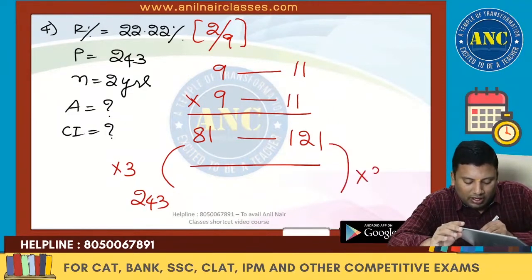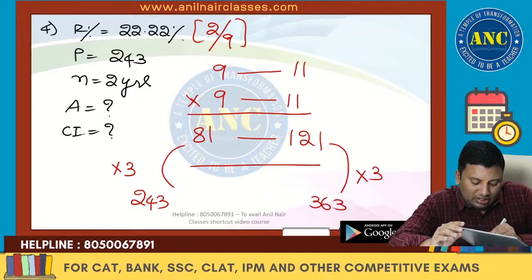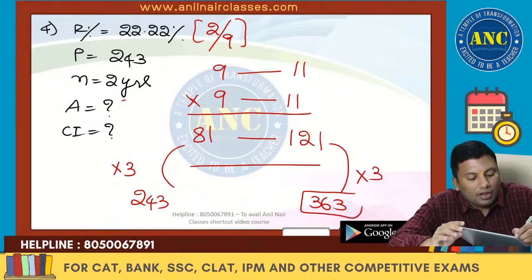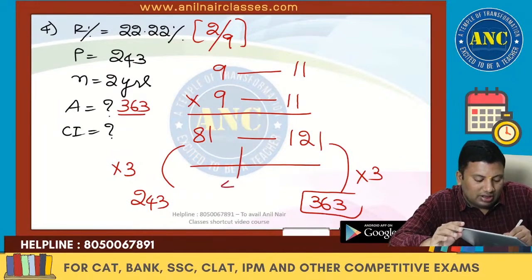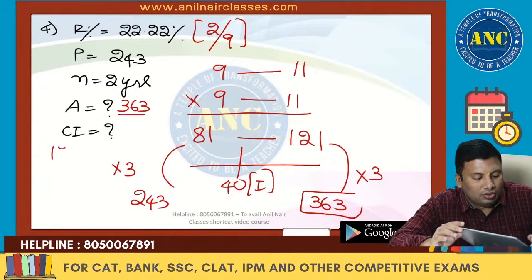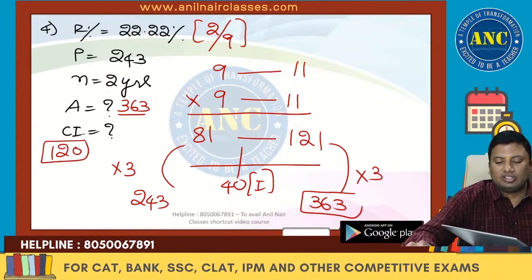Amount also will become into 3, so it is 363. Amount is 363. The change is nothing but 40, this is interest. 40 into 3 is 120. 243 plus 120 is 363.